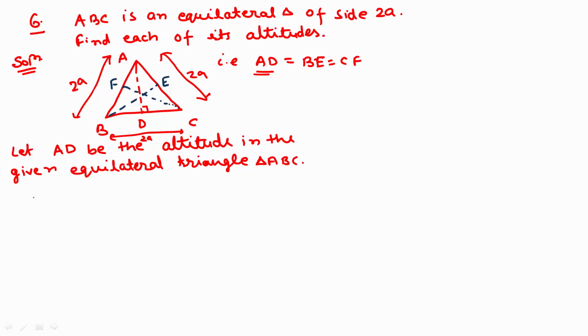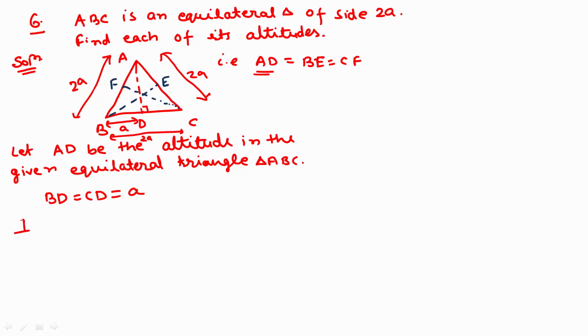So in this case, BD is equal to CD is equal to a, and this side is 2a, and this side is a.